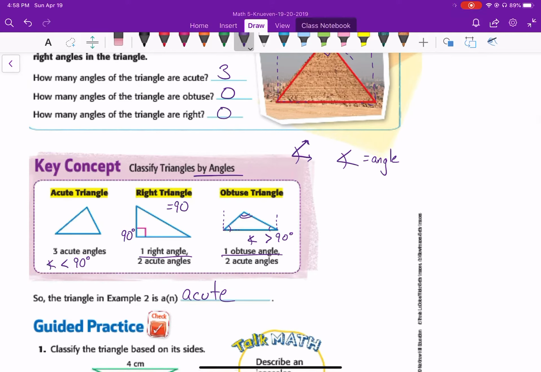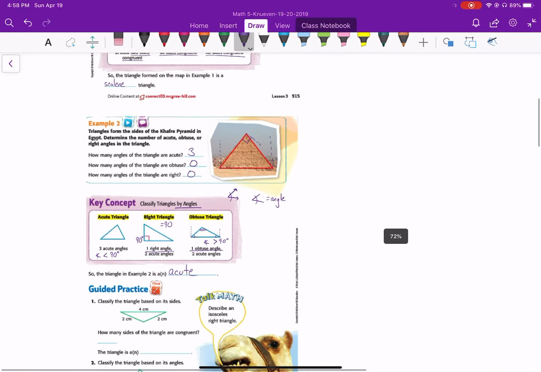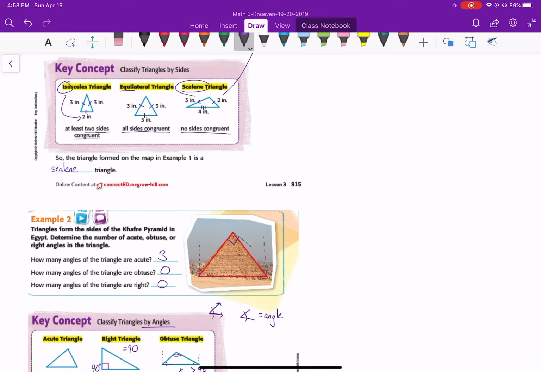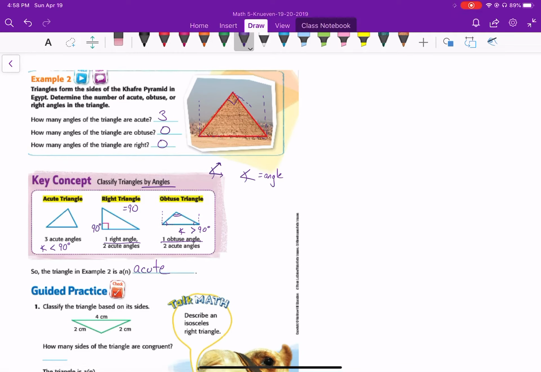Now, if we really want to make a combination, we could refer to it as an acute, well, equilateral would have to be acute because all triangles have 180 degrees, right?